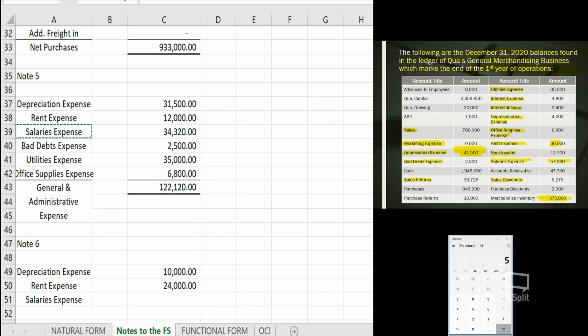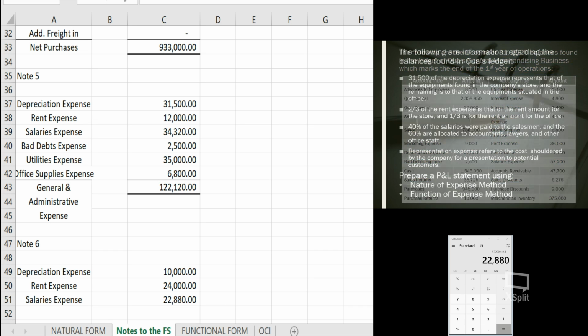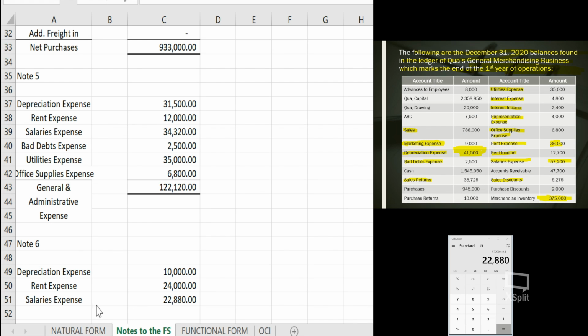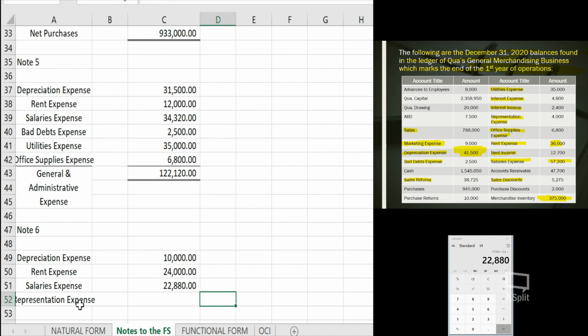So, calculator, 57,200 times 0.4, going to get 22,880. Okay. So, okay na tayo dyan. Representation expense. Okay, we need to include representation expense here. Okay? And this one is 4,000.